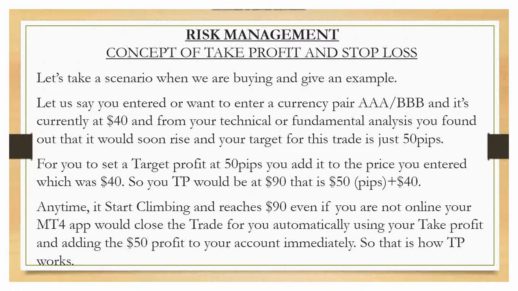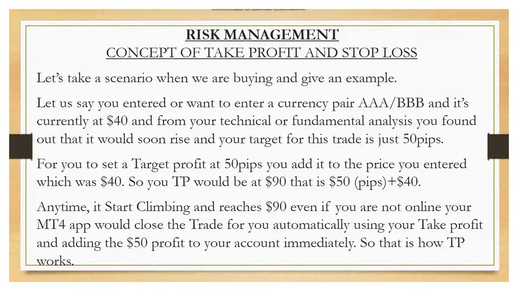To set a take profit at 50 pips, you add 50 to the price you entered, which was $40. So your take profit would be at $90. That is, $50 is 50 pips, plus the $40.